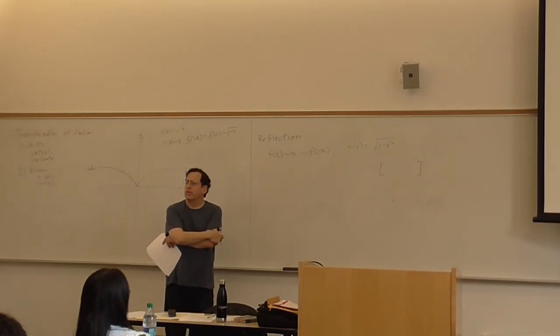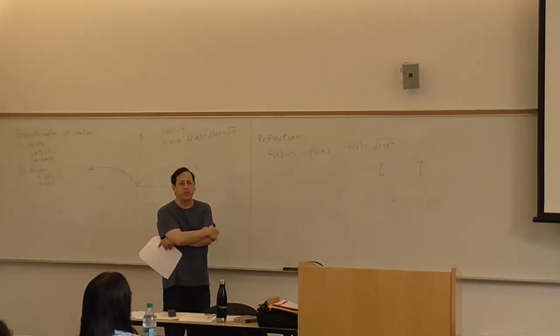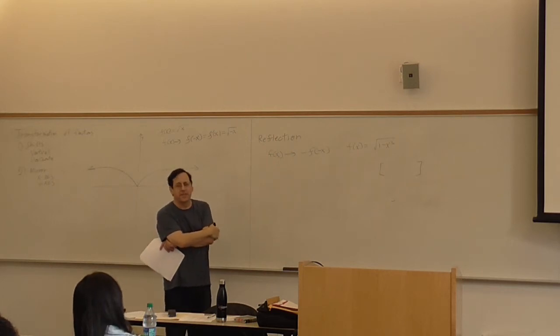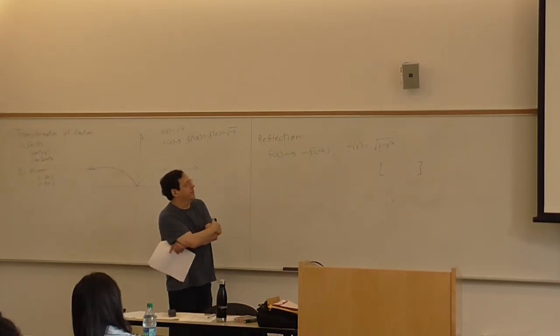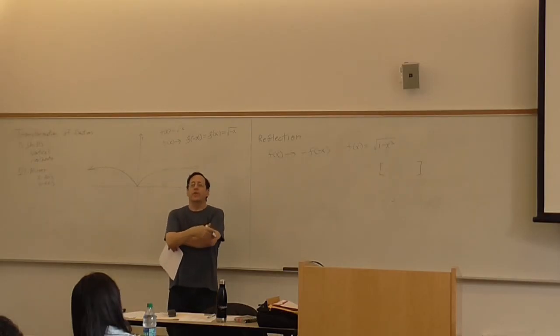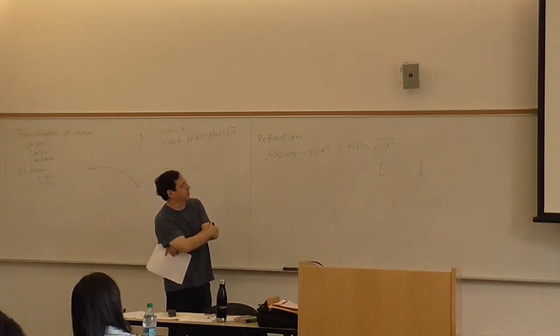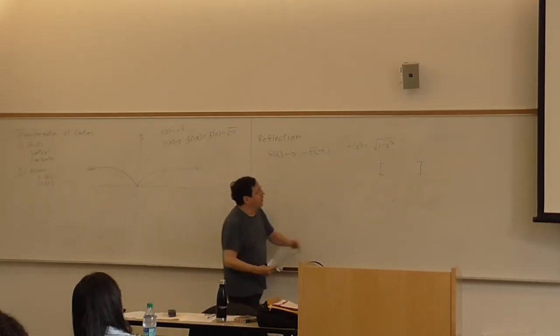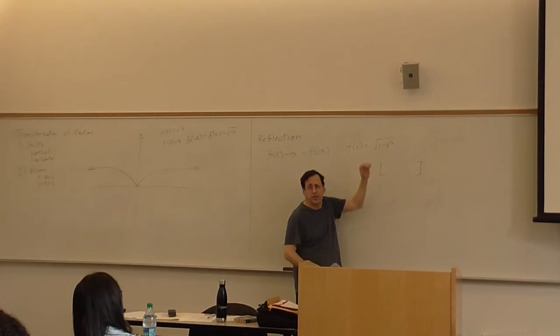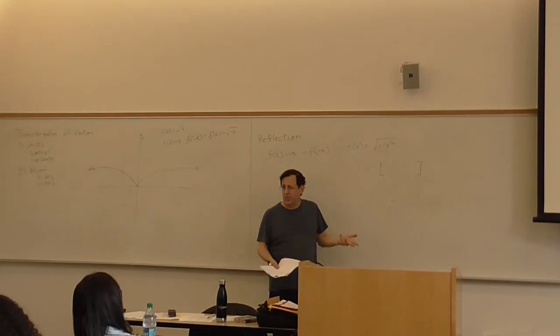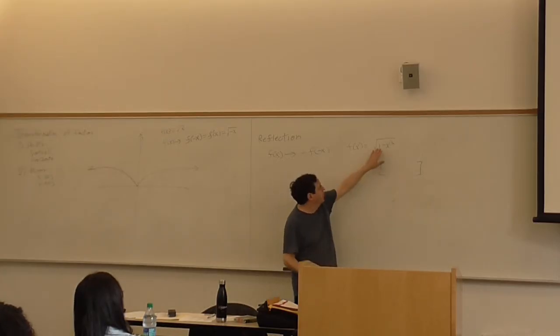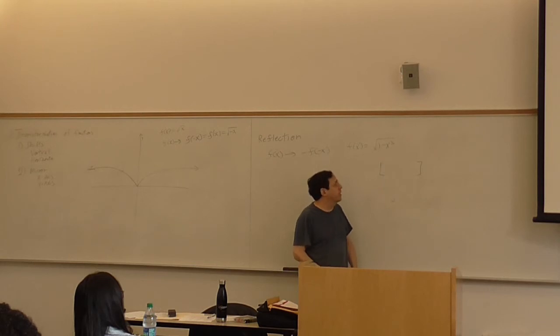Okay. So what does it mean for me to ask what the domain of this function is? I know where this is well defined, right? So where is it not defined? When under the radical it's negative. Okay? So how would I get a negative under the radical?